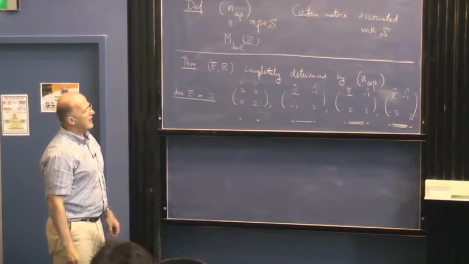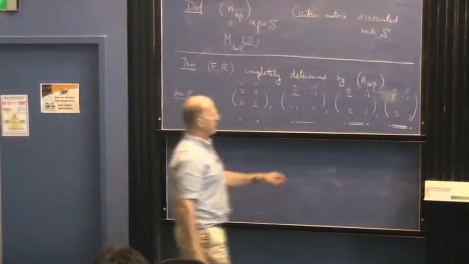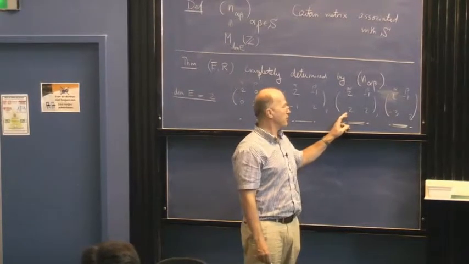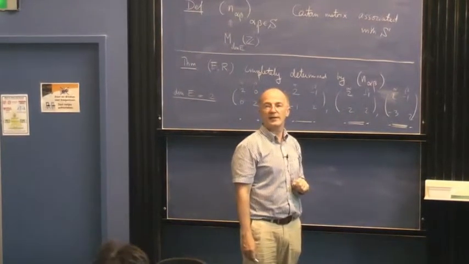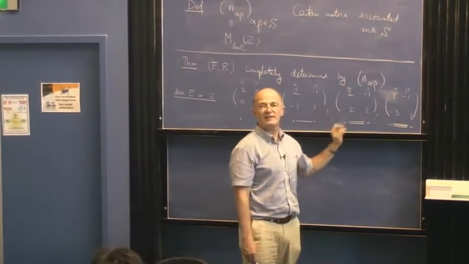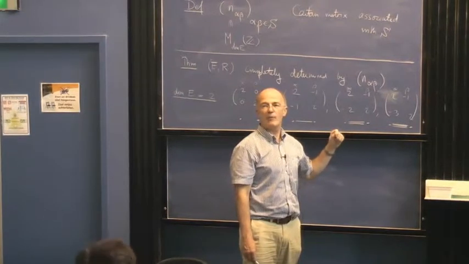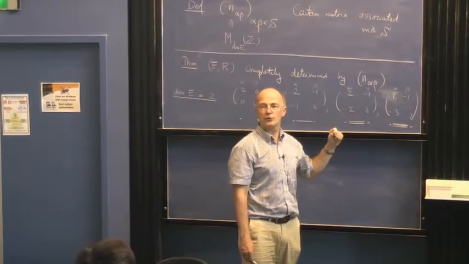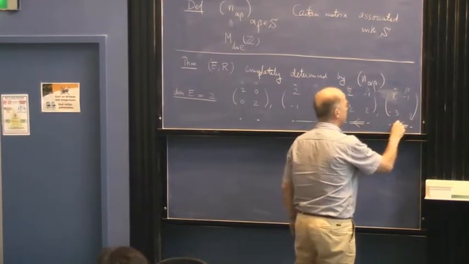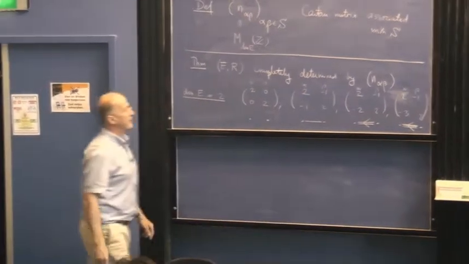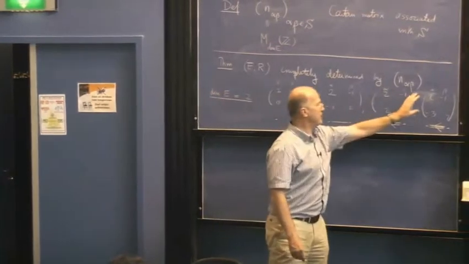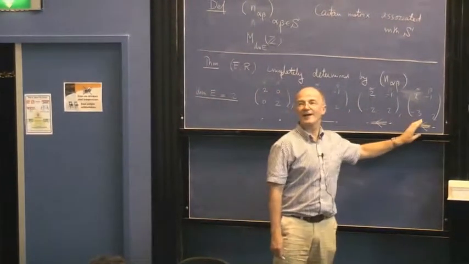And in case of multiple edges, there is a ratio of the length of the roots, which is square root of 2 here, square root of 3 there. And this graph is made into a Dynkin diagram by adding an arrow pointing in the direction of the shorter root. So this is alpha, this is beta, and it's this in that case.